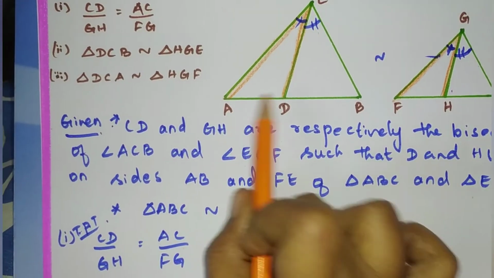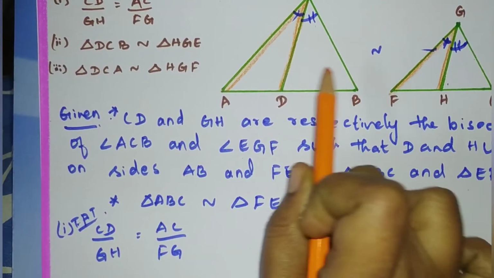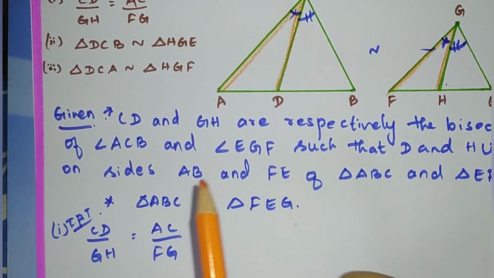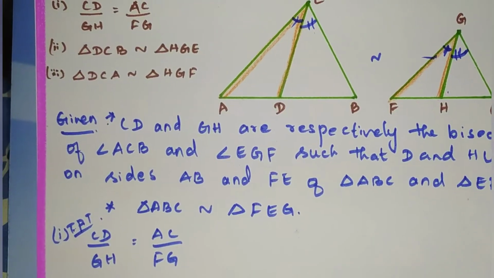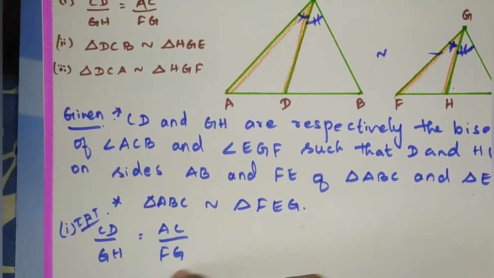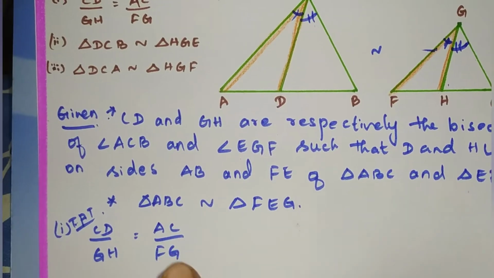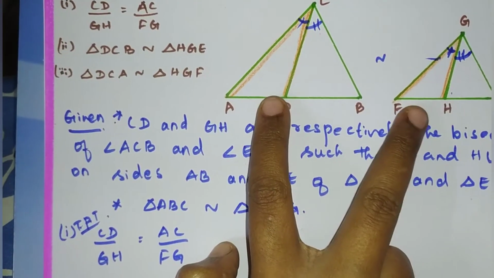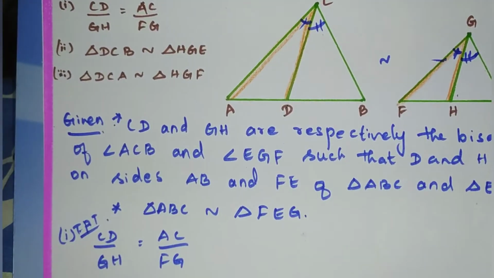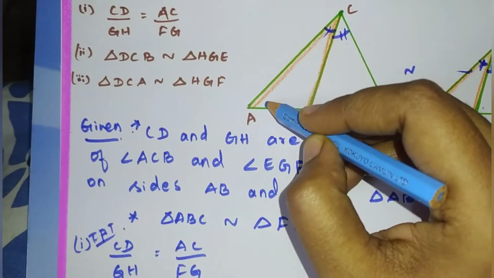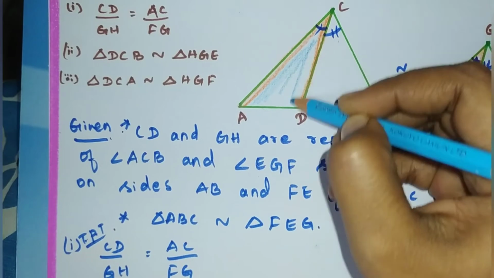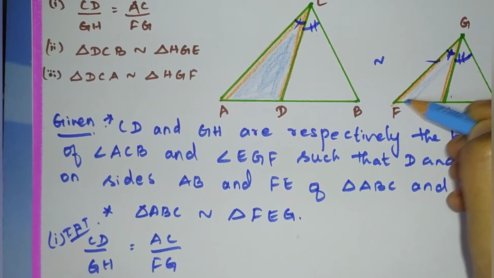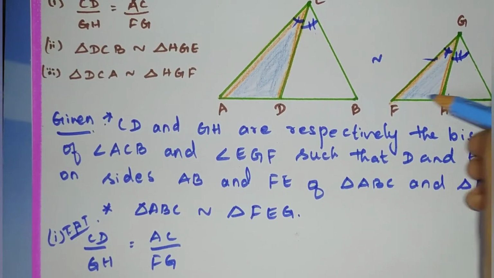So these two sides are in the same proportion. Which triangles do we have to take to prove the corresponding sides are in proportion? This triangle ACD and GFH.